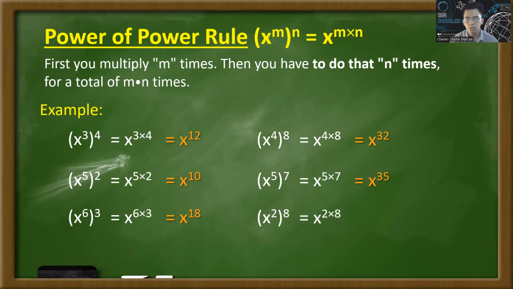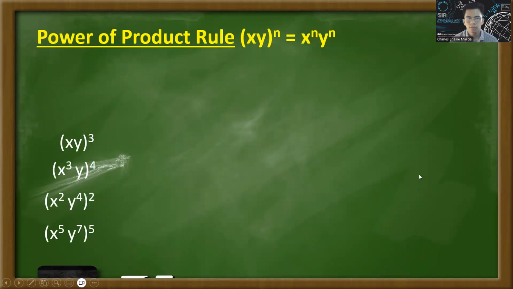The answer is 2 times 8. Final answer, x raised to 16 or x to the power of 16. Okay? So, ganito. Kapag may nakikita tayong exponent na meron pang exponent sa labas ng parentheses or grouping symbols, we will multiply. Okay? We will multiply the exponent.